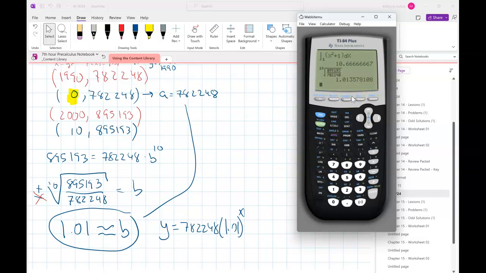The easiest way to do that is to store that number into a variable. I'm going to press this STO button right above the on button. It's storing whatever was the last entry, and I'm going to store that into the letter B because it's the B in my equation. It seems like that makes sense to me. Okay.